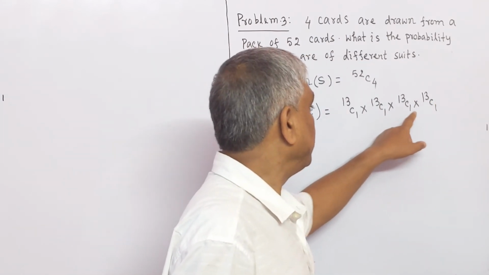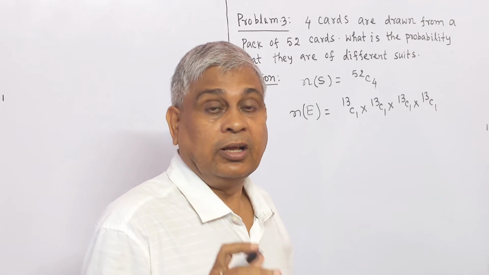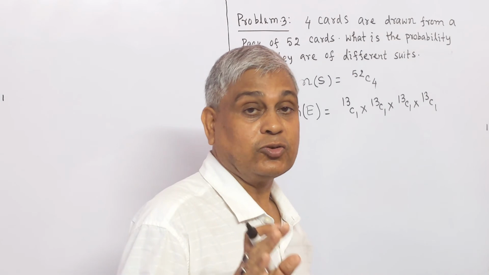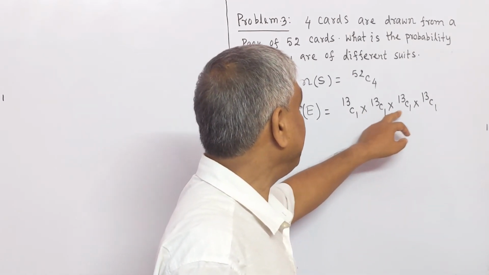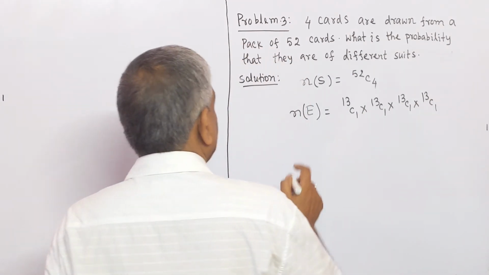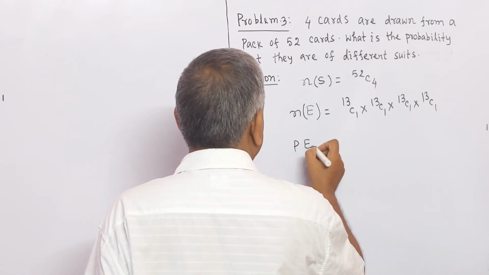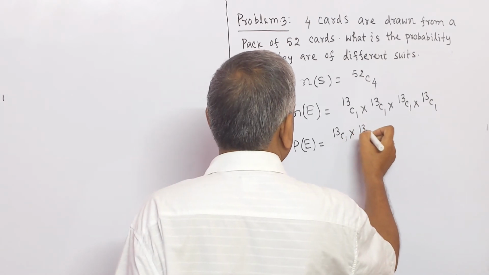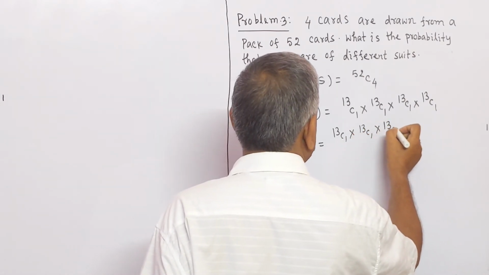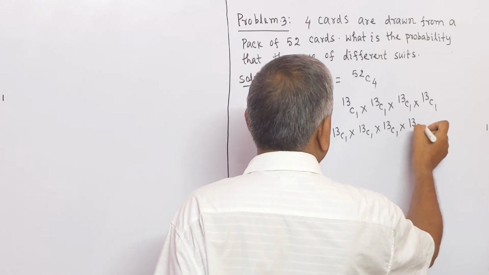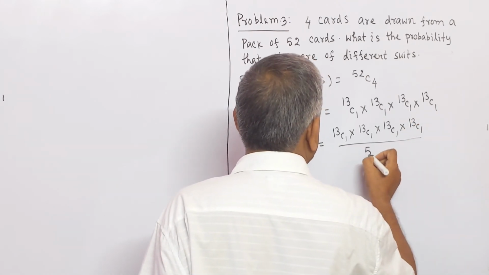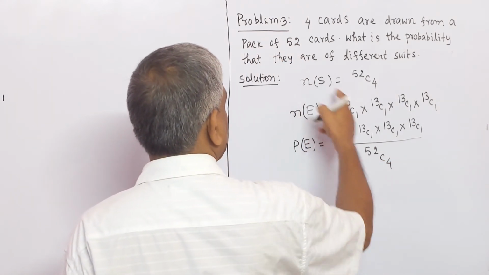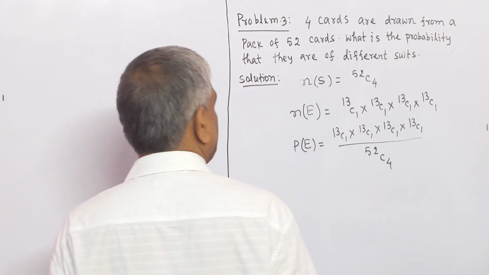So here we get 4 cards, and each work is simultaneously necessary, so here we have multiplication. Now PE, the probability of this event, is equal to 13C1 multiplied by 13C1 multiplied by 13C1 multiplied by 13C1 by 52C4, NS, the number of elements in sample space.